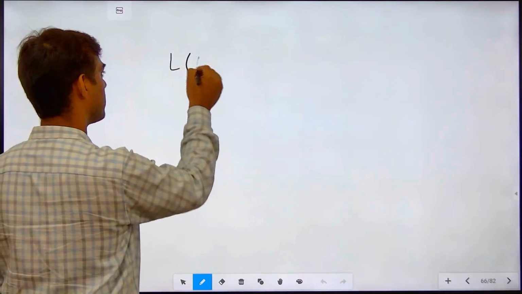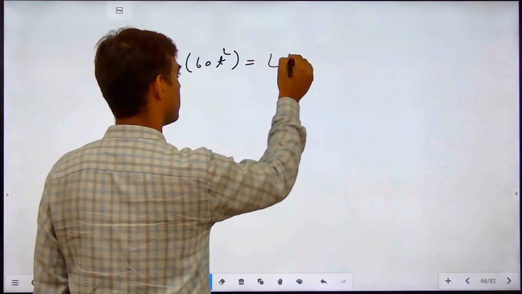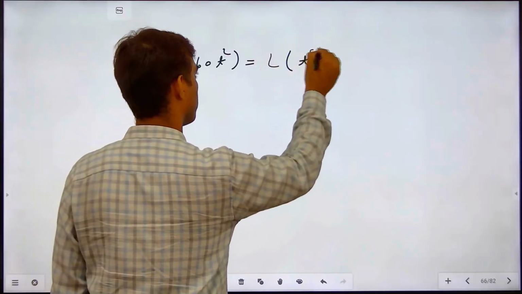So, after simplification, the Laplace transform for 60 t square equals s cube times the Laplace transform for t to power 5.